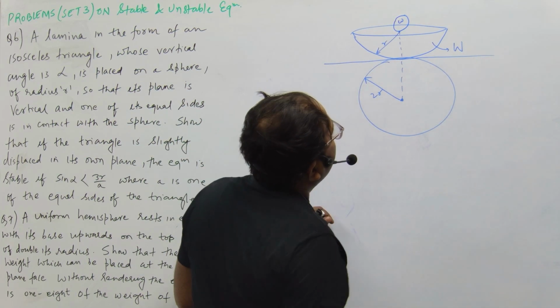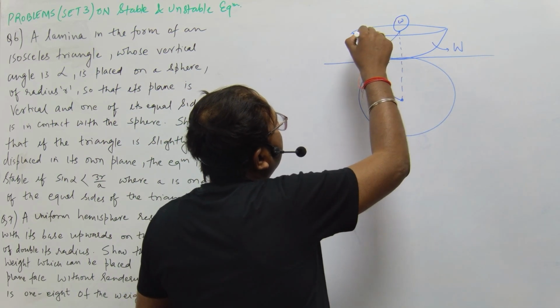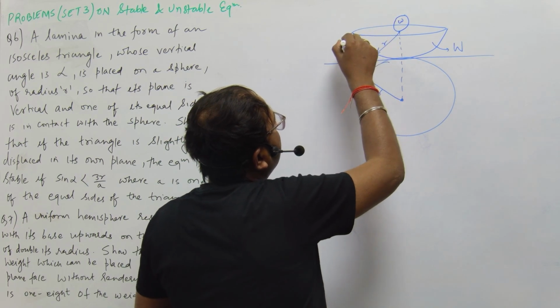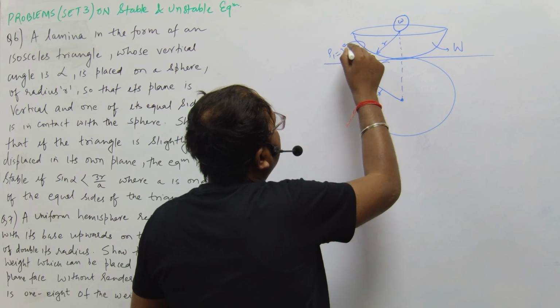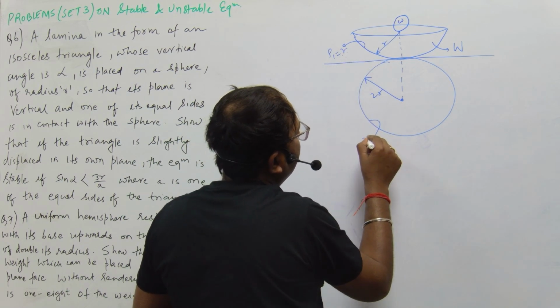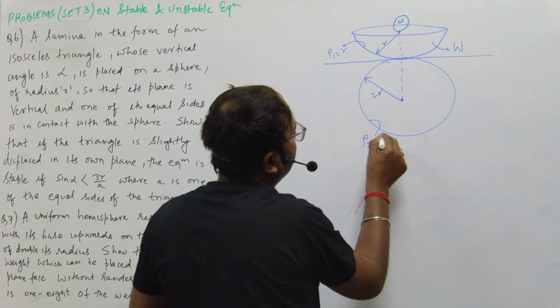The radius of curvature of the upper body will be r, so rho 1 is equal to r, and for the lower body rho 2 is equal to 2r.